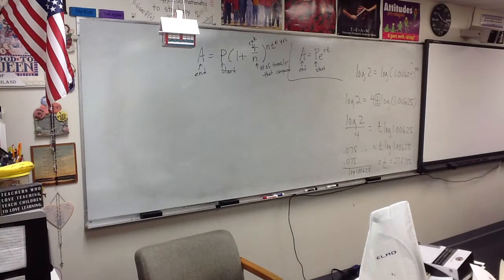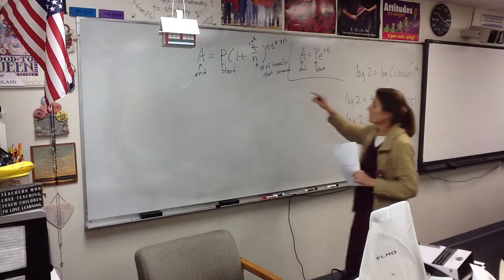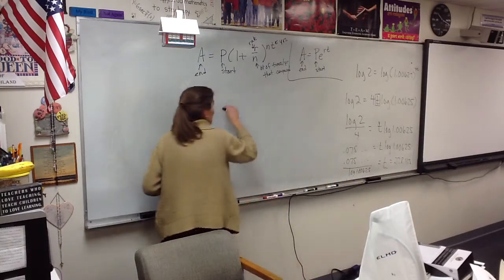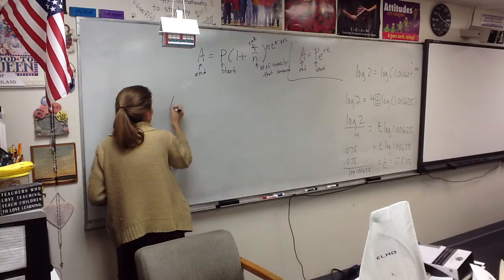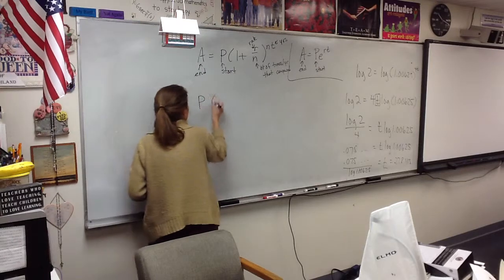How do I know I'm going to use the same formula over again? What are the words in the problem? Compounded monthly. When you see compounded monthly, quarterly, daily, you know you are using this formula. So here we go. I'm using this formula.